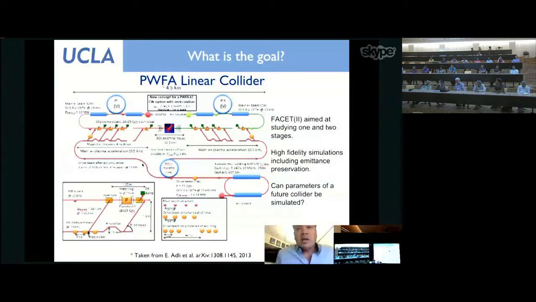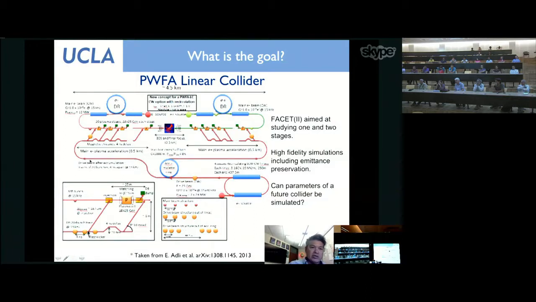All right. So what is the goal? The goal is a linear collider. Whether it's by particle beams or laser beams, the current concepts require staging 25 or 50 stages for electrons and for positrons, where within each stage, you're going to gain about 25 GeV for this witness bunch.